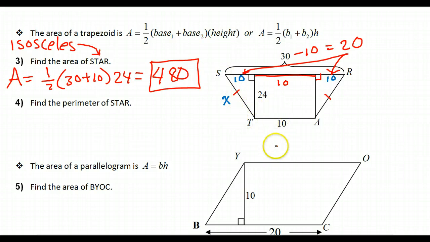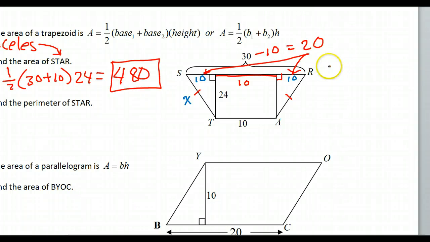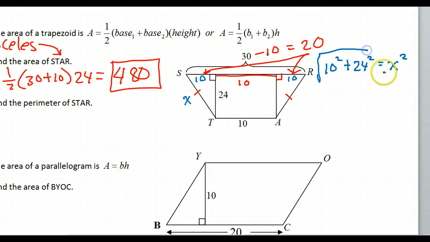So the first thing I'm going to do is the Pythagorean Theorem. Maybe I'll do this to the side. So here would be my Pythagorean Theorem: a squared plus b squared equals c squared. If I take the square root of both sides, I get 26. That means the legs are 26.